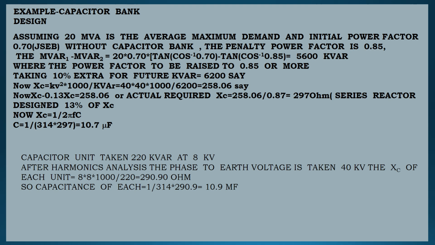Let's see, now discuss. Let our traction substation have 20 MVA average maximum demand for a year. For this 20 MVA at 0.70 power factor without capacitor bank, the kVAr will be calculated. Then with 0.85 power factor, the kVAr will be calculated.